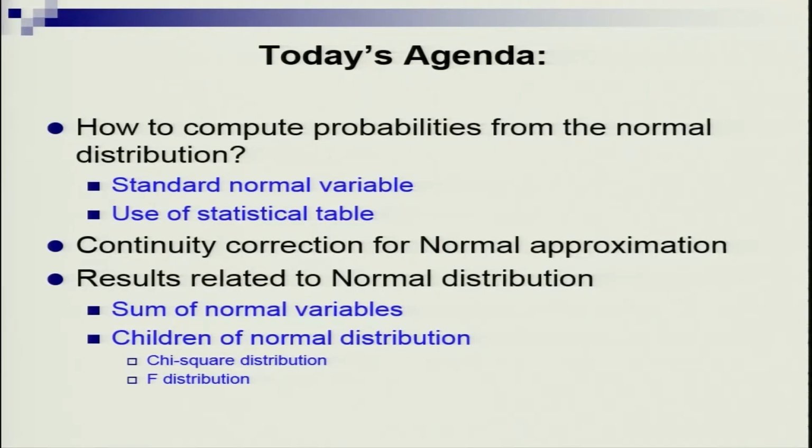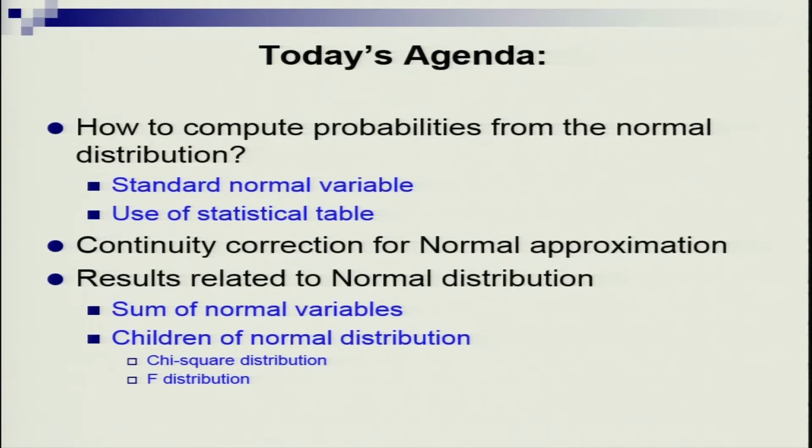We are going to start our discussion by answering a particular question: how to compute probabilities from the normal distribution to solve problems which involve normal distributions. If you remember, the PDF and the CDF of normal distributions have complicated integrals and they are very difficult to solve to find particular probability numbers for our problems.